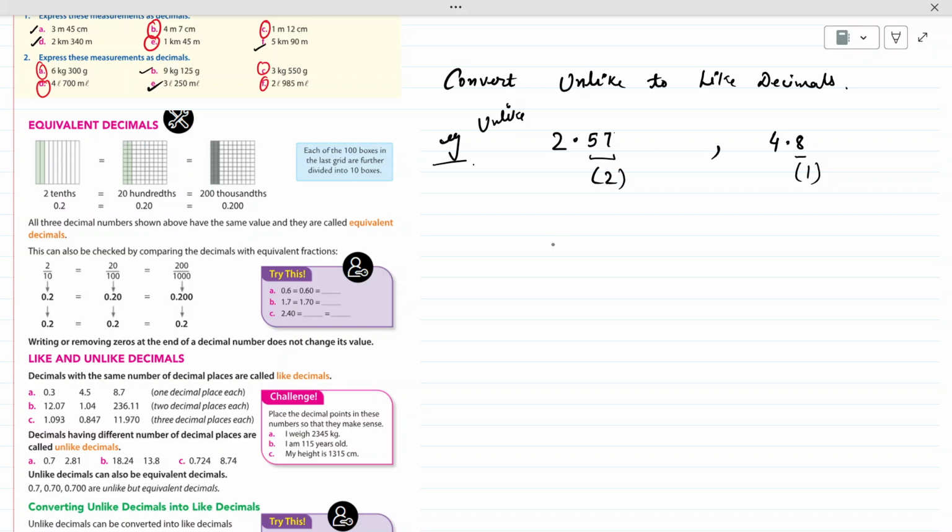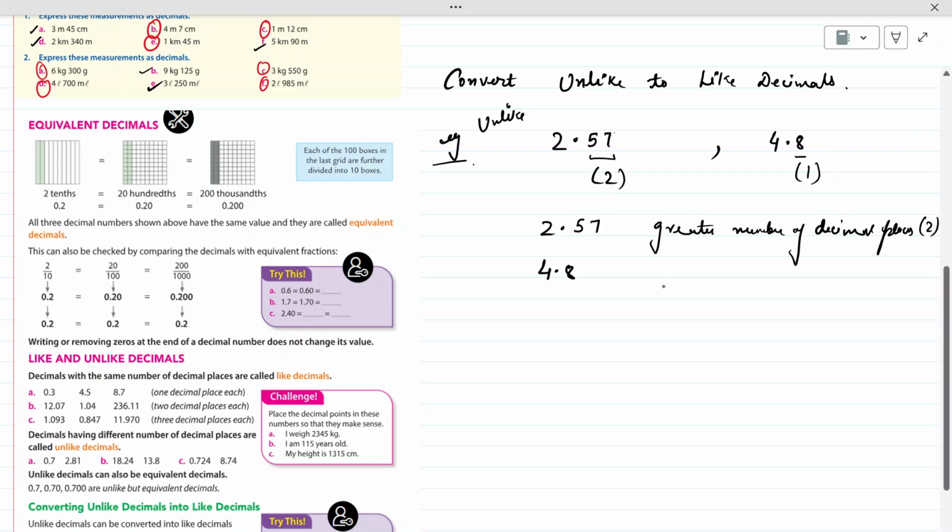Okay. So 2.57 is the number which is having greater number of decimal places. How many? 2. And 4.8 is a number which has only one decimal place.